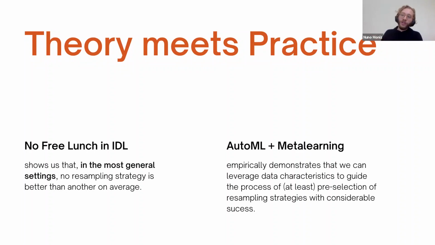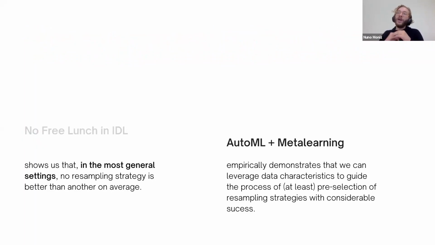But when we look at the other side, we see that, at least empirically, we can look at the data, so that we sample the training data and get to a pre-selection of resampling strategies that will have the best result.